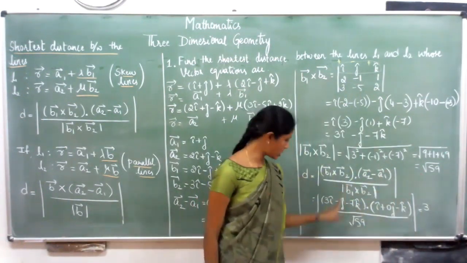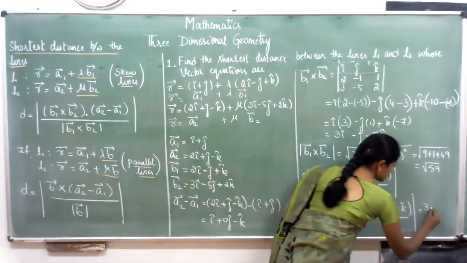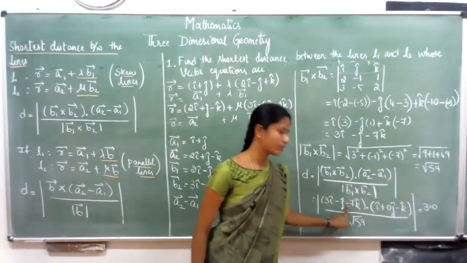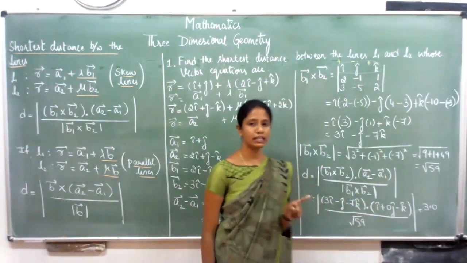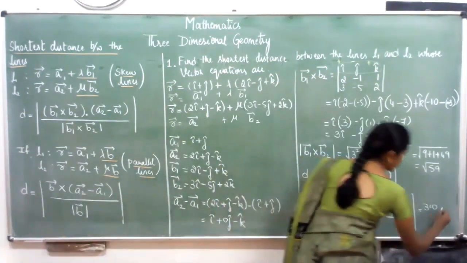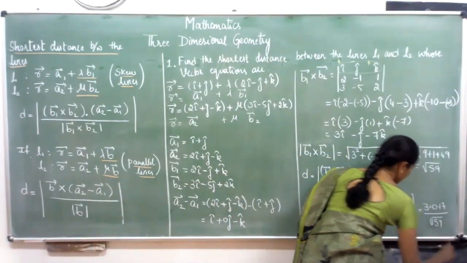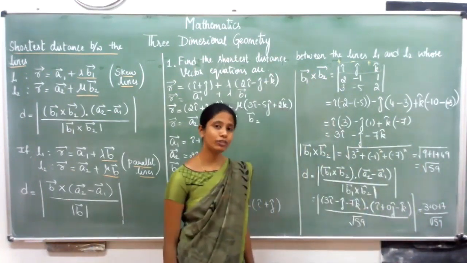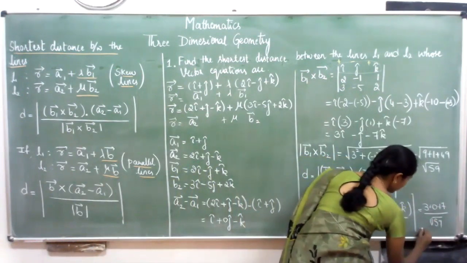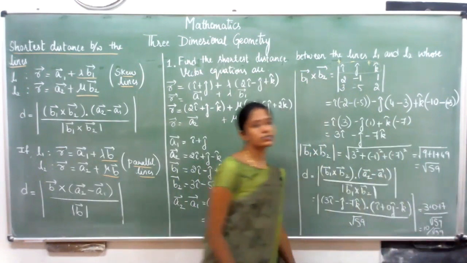Next j with j, minus 1 into 0, it is 0, so we can write plus 0 or minus 0. Then minus 7 k cap into minus 1 k cap, so minus 7 into minus 1 is plus 7, whole divided by root 59. So what will be the final answer? 3 plus 7 which is equal to 10. Therefore, we get 10 divided by root 59 as the final answer.